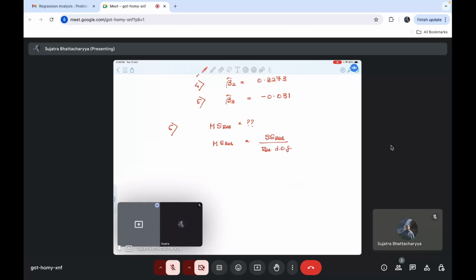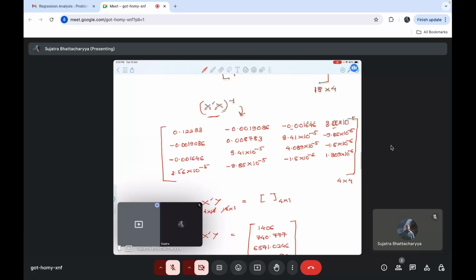So what is the residual degrees of freedom? We know that the residual degrees of freedom, which is the degrees of freedom for SS residual, is n, the total number of observations, minus the number of constants. So constants can be because of the normal equations due to all the unknown parameters. So how many unknown parameters in the model?